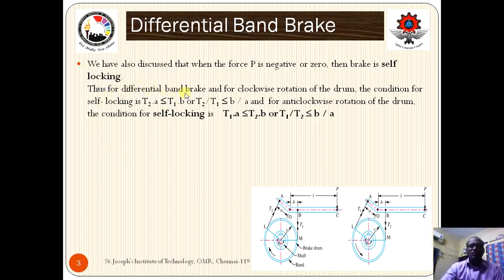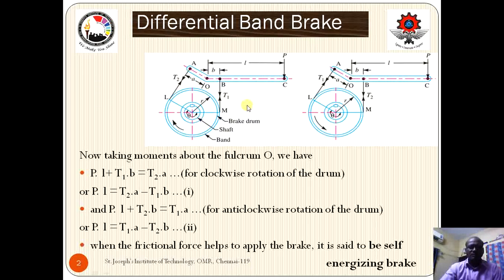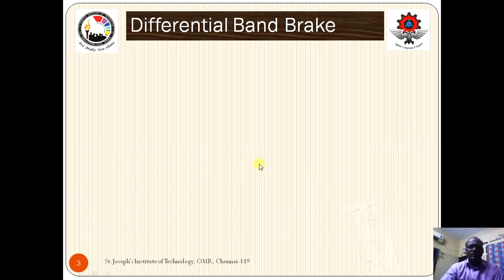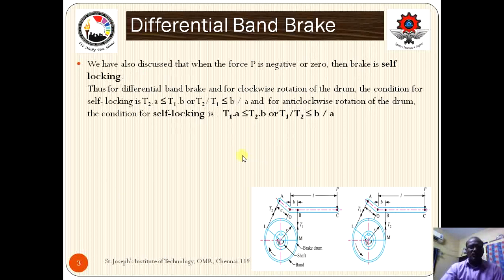So for the differential band brake, for clockwise rotation of the drum, the condition for self-locking is T2A should be less than T1B, or T2 by T1 should be less than or equal to B by A. We see the previous equation like this. Now clockwise, if P is 0, this will come here, and you can write this equation like this. Always T2A should be less than T1B for clockwise rotation.